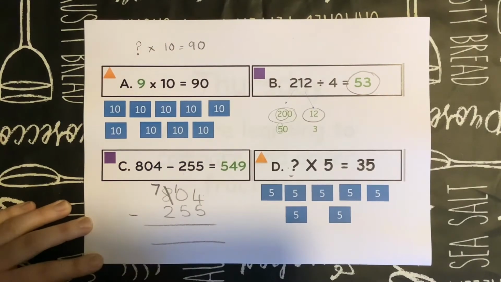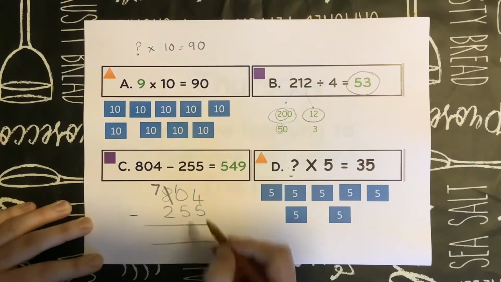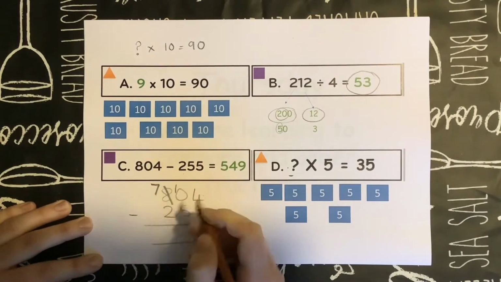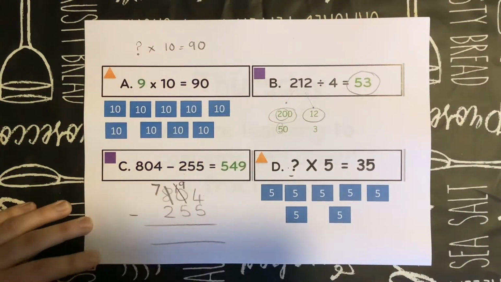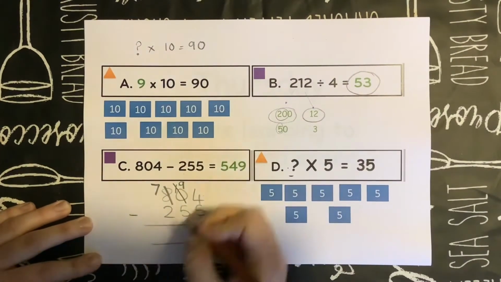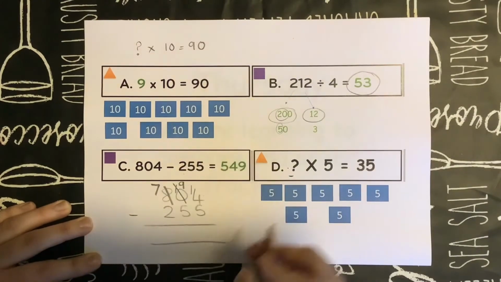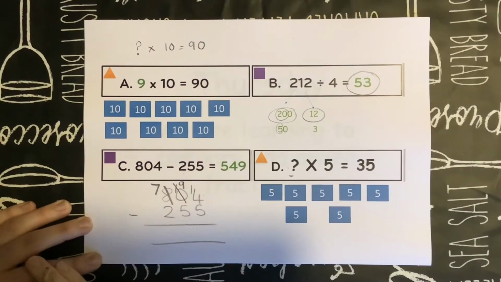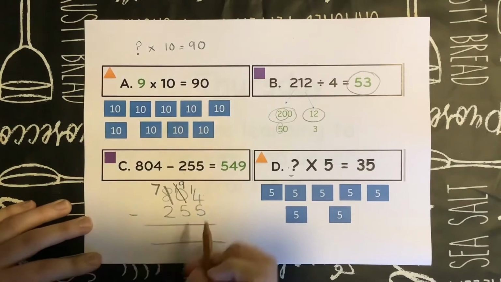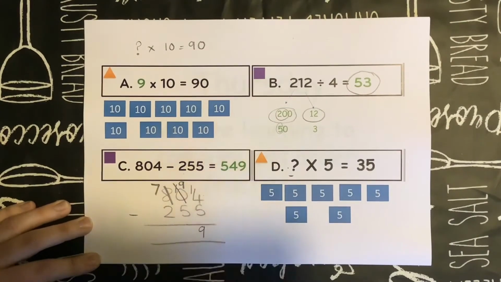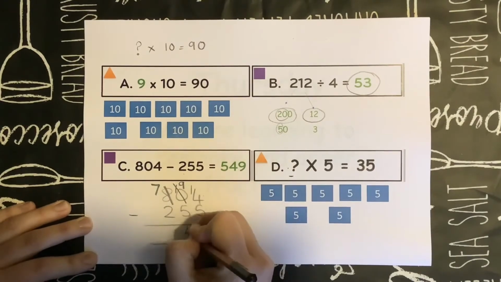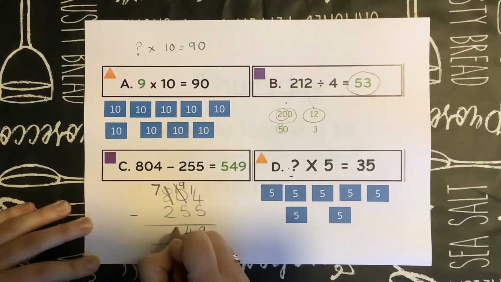Now, if you've got 100, you've also got 10 10s. You still can't do 4 take away 5, but now you have got 10s to regroup. So I take 1 ten, so I've only got 9 left, and I put my 10 into my 1s. If I add 10 to the 4 ones I've already got, I've got 14 ones. Now I can do that. 14 take away 5 is 9. 9 take away 5 is 4. And 7 take away 2 is 5.